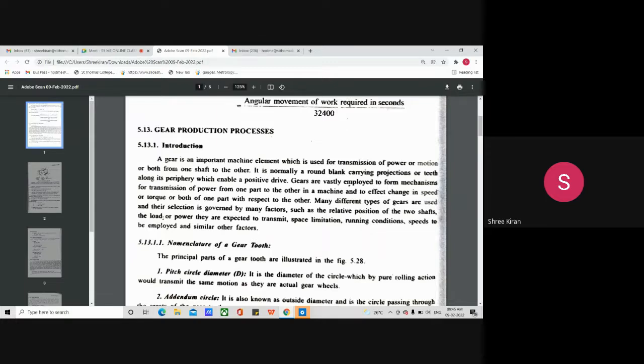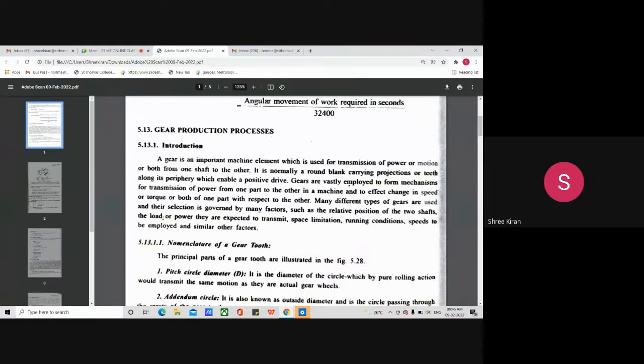It is normally a round blank carrying projections or teeth along its periphery. The teeth may vary according to the type of gear, the purpose of the gear, its working, or where it is employed. All that functionality will be considered while designing a gear.